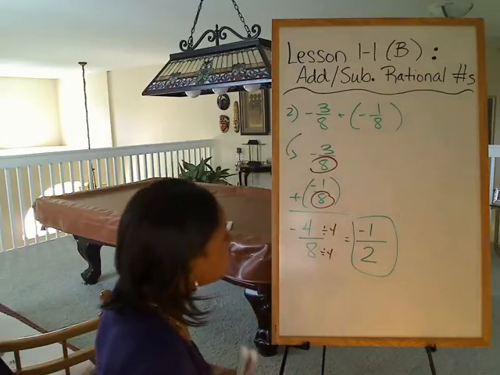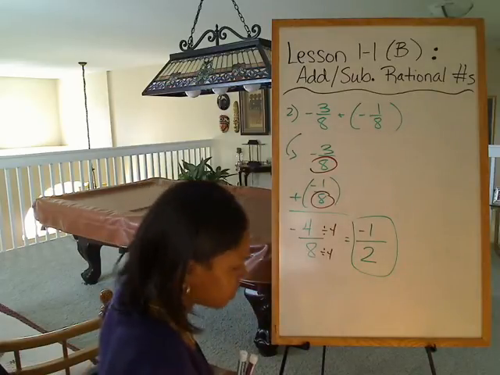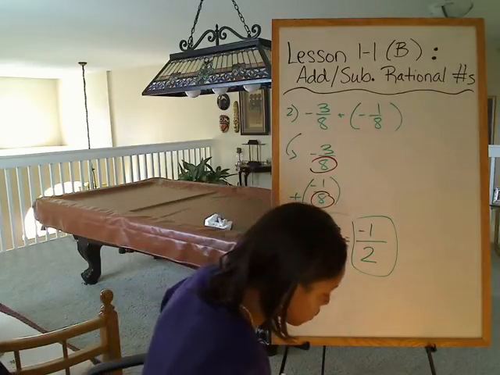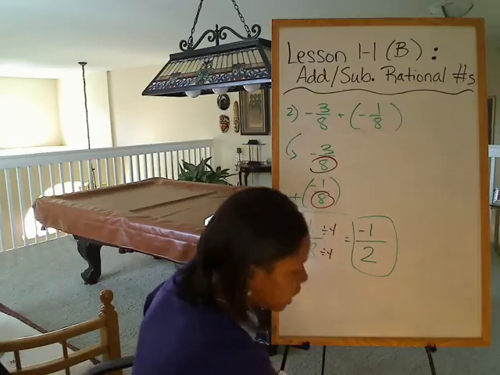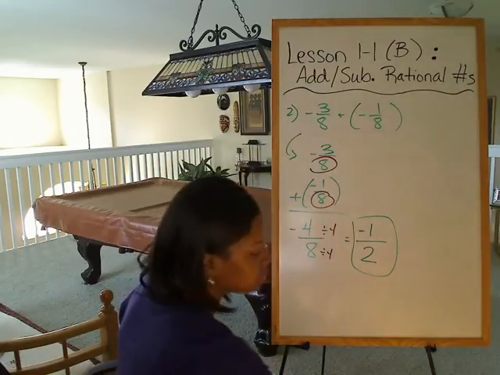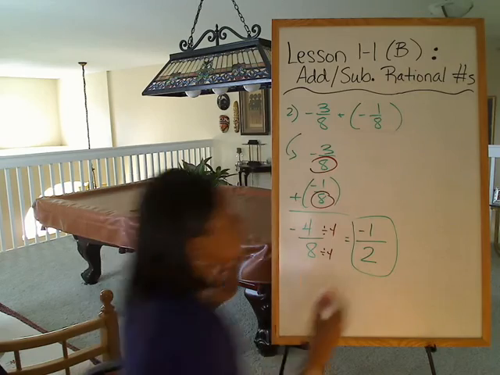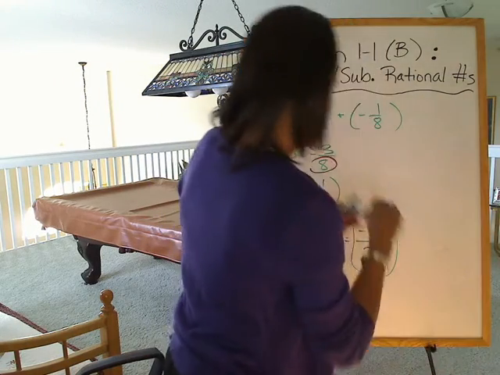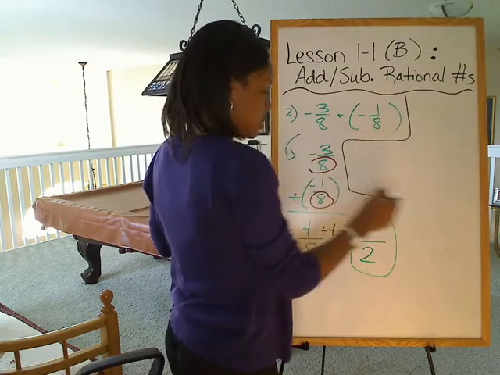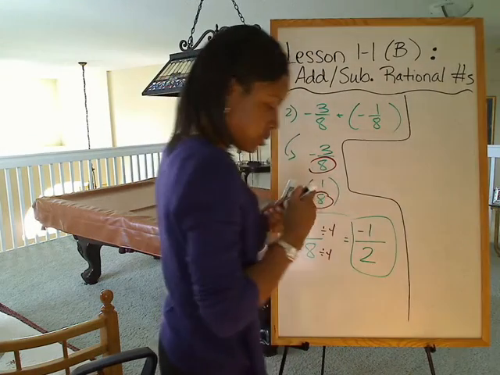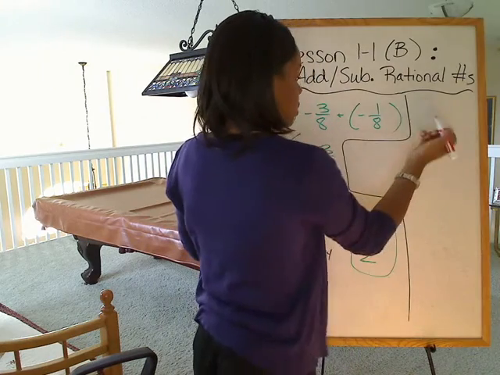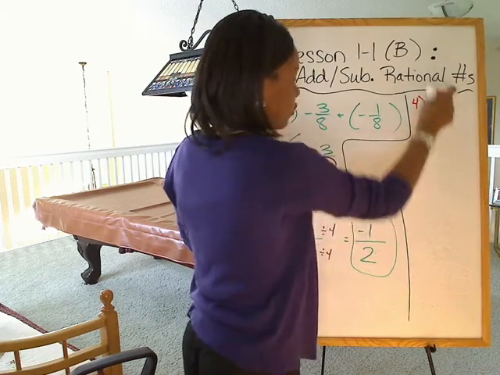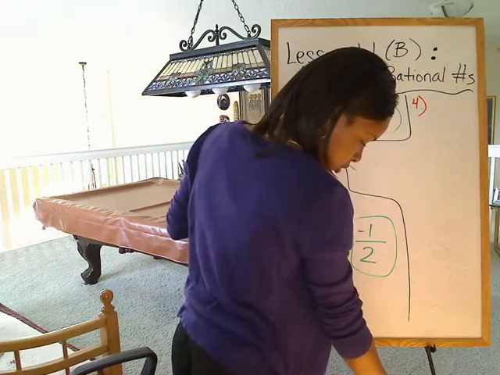Let's do number 4. I think I can actually fit number 4 on this same board. Let's try it. Separate these. So I'm going to write number 4 going vertically the way I told you I like to write it.